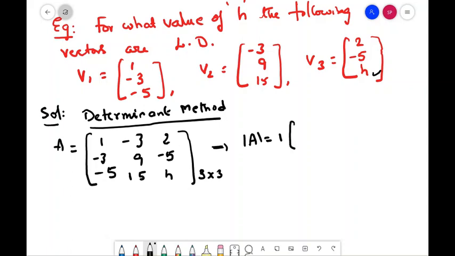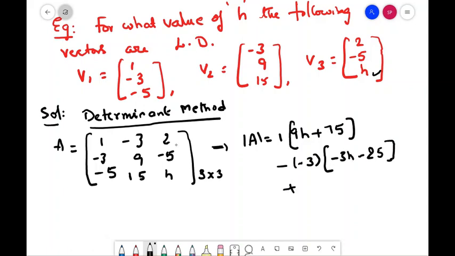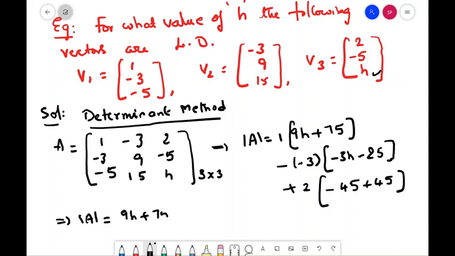It is 1 into 9h plus 75, minus of minus 3 into minus 3h minus 25, plus 2 into minus 45 plus 45. So this is 9h plus 75 minus 9h minus 75 plus 2 into 0, which is equal to 0.